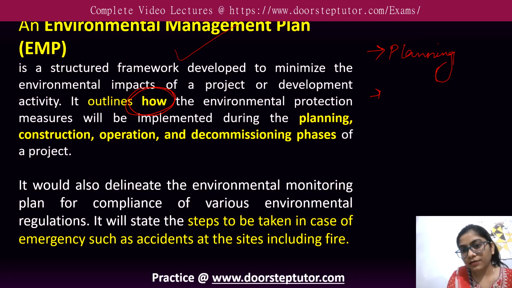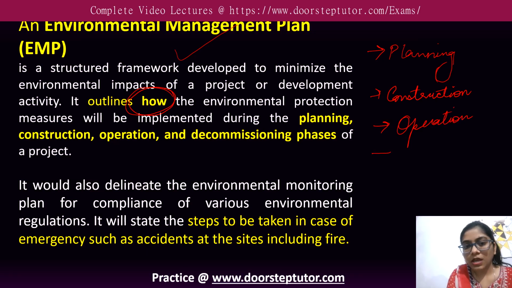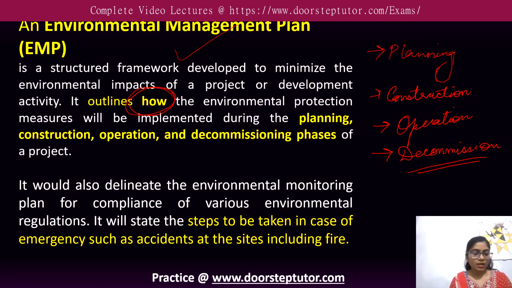Then the second phase is the construction phase. Third one is the operation phase, and the fourth one is when you try to close your project, that is the decommissioning phase of the project.